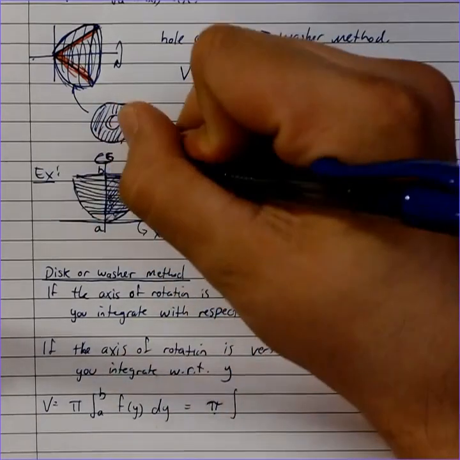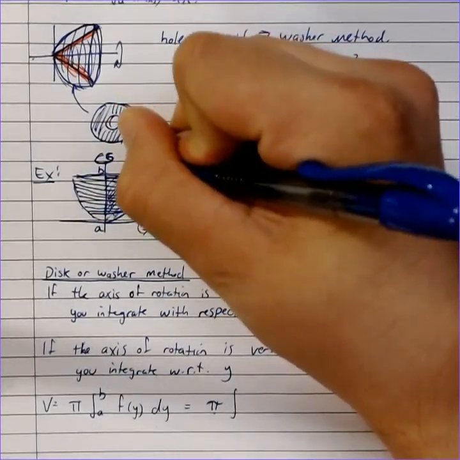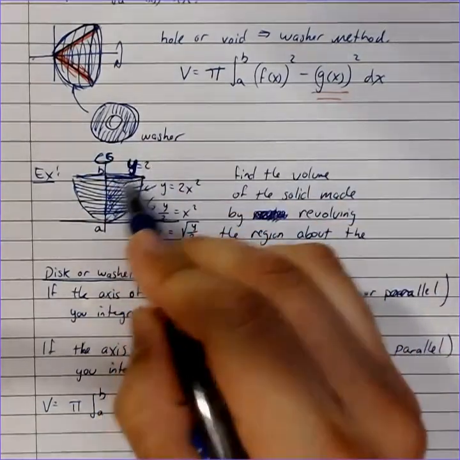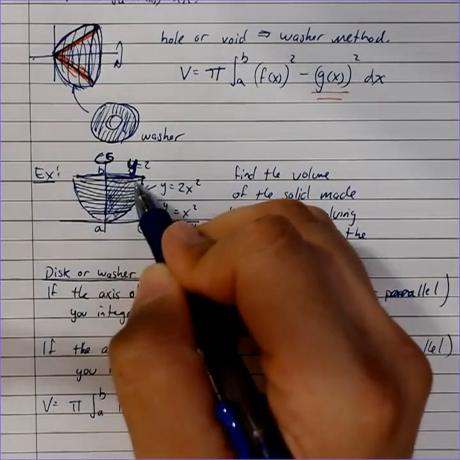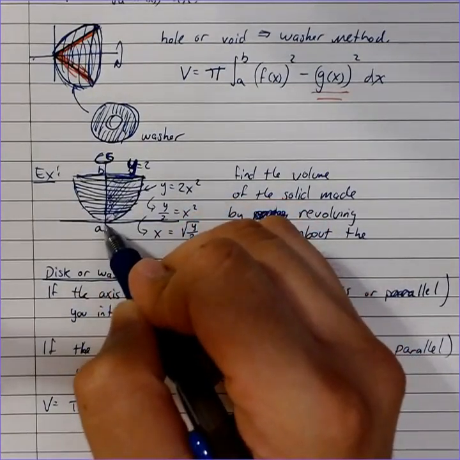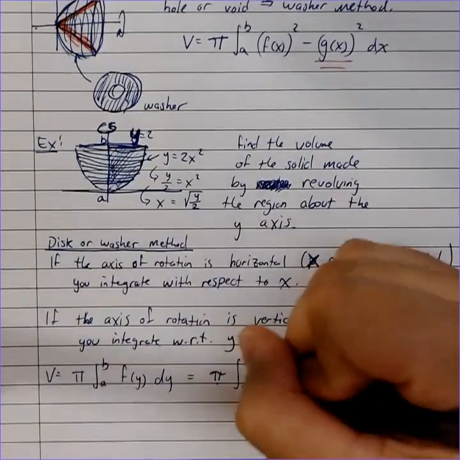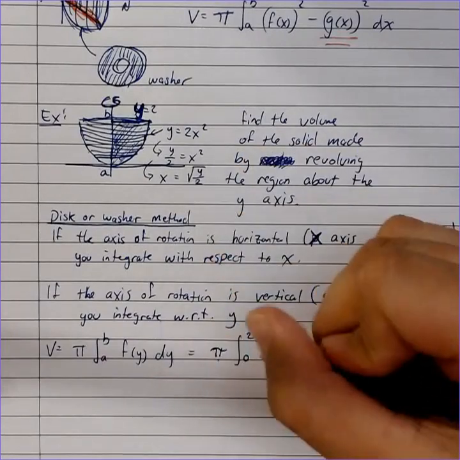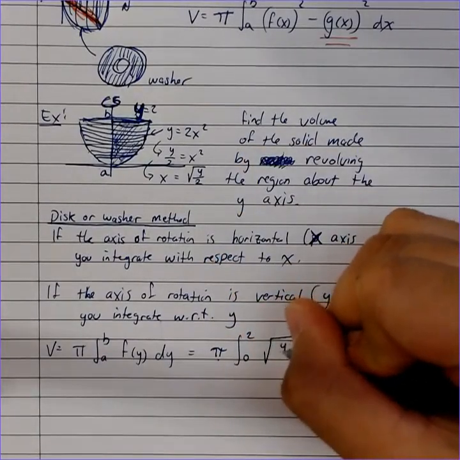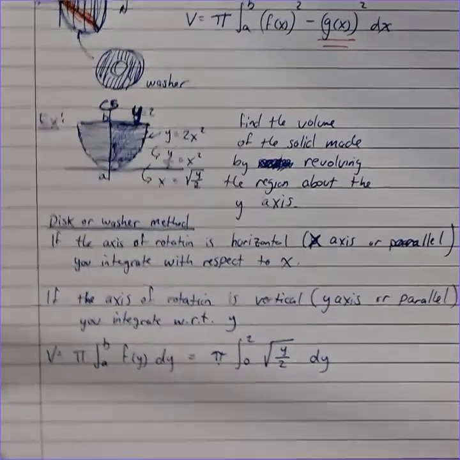Sorry, I labeled that incorrectly. That's a horizontal line, so it should be y equals 2. My apologies. It's not going to change anything we've done, but that really should be y equals 2 since it's horizontal. So that's going to be a is 0 up to b is 2. 0 to 2. F of y is going to be this function here. So that's going to be the square root of y over 2 dy. And that'll give us the volume.